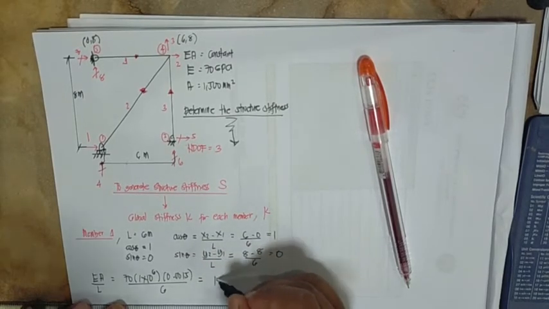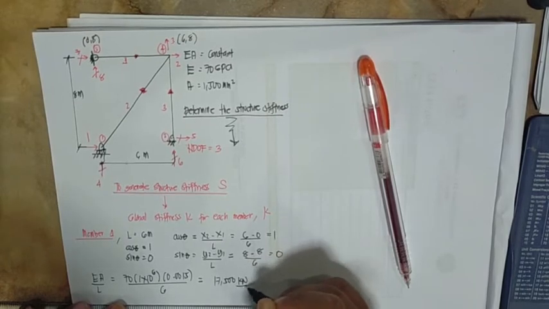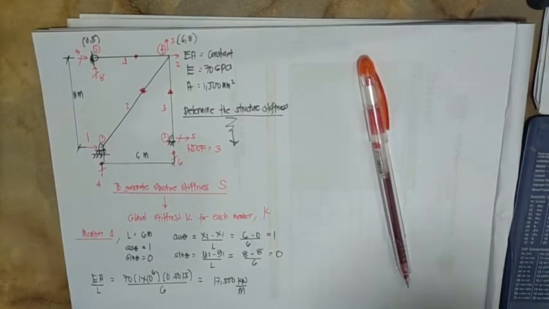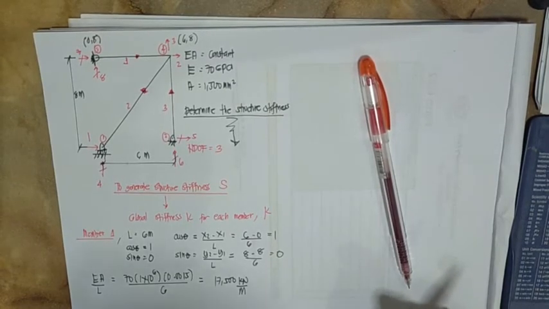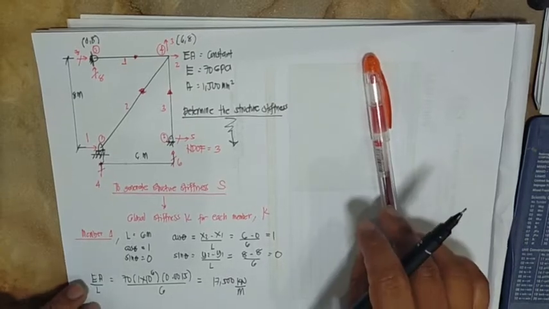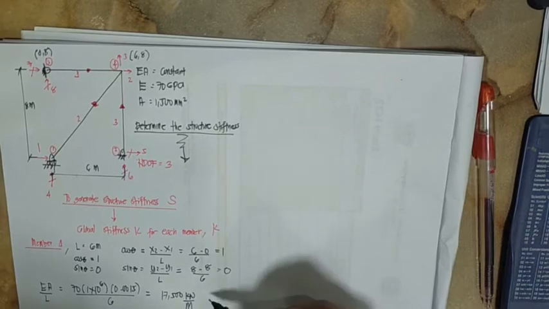This will give you 17,500 kilonewtons per meter. Okay? So, we are not done. Now, we can derive the member stiffness in global coordinate system.